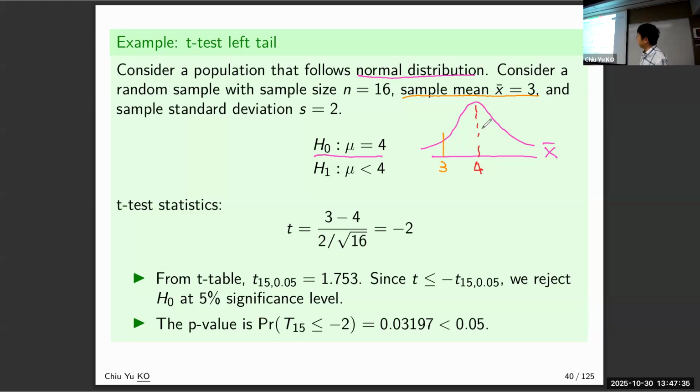The question is, is 3 sufficiently less than 4, so that we will say it is H1 rather than H0? Because by nature, it can be 3, right? So the question is whether it is small enough. And small enough is asking this area. Right? Is this area smaller than 5%? Of course, you can use 10%, 1%, but we use 5% as standard. So it's less than 5%.